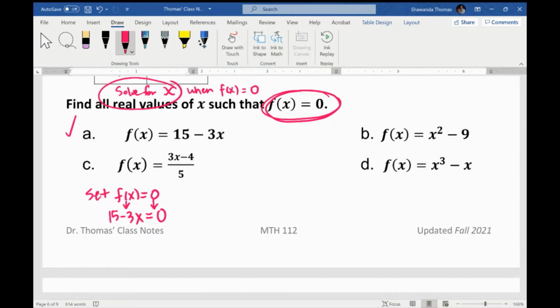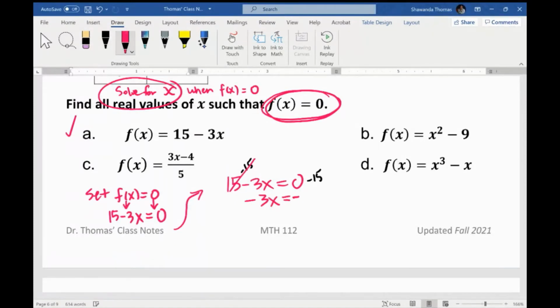How do we solve for x? We have 15 minus 3x equals 0. What would you do to get x by itself? You'll subtract 15. I would have probably just added 3x, but since y'all said subtract 15, we're going to do that. That cancels. Negative 3x equals negative 15.